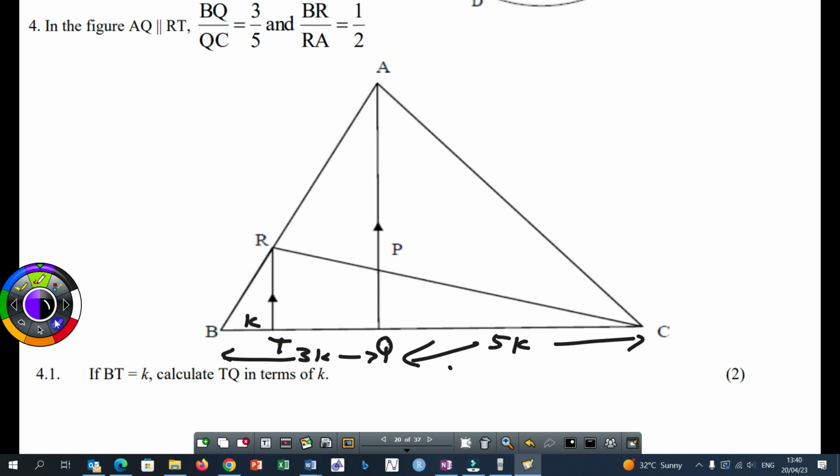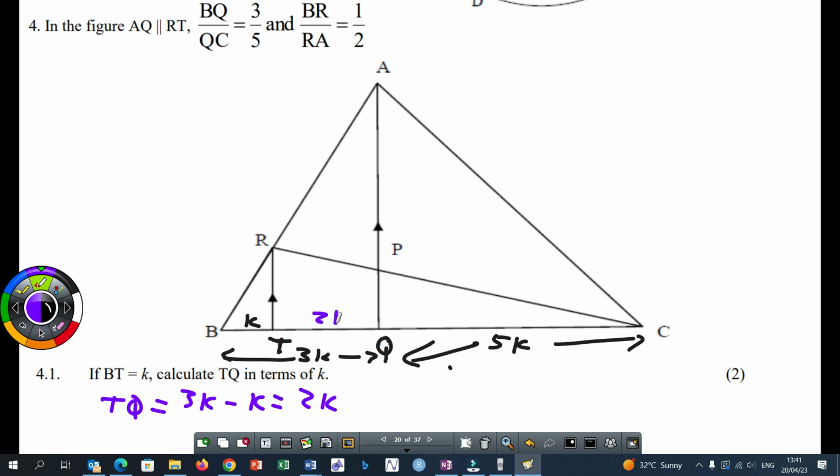You have to indicate this on your diagram, which means TQ is going to be equal to 3K minus K, and you get 2K. But you have to indicate on your sketch how you end up coming up with this 3K.